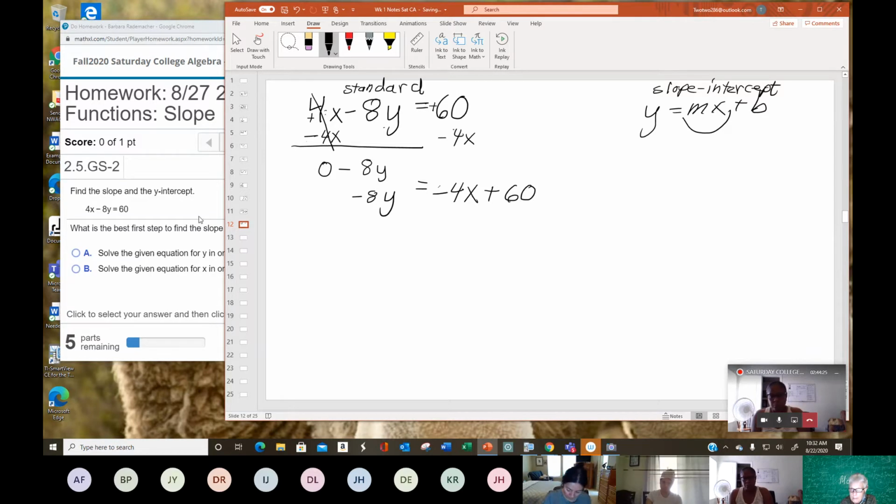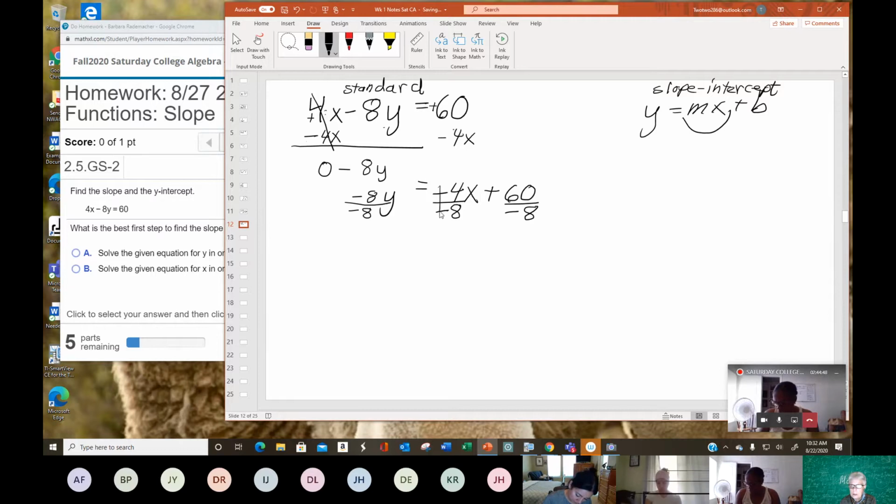Now, all I have to do to solve for y is divide both sides by negative 8, but since this is the equation of a line, I'm going to divide each separate number by negative 8.